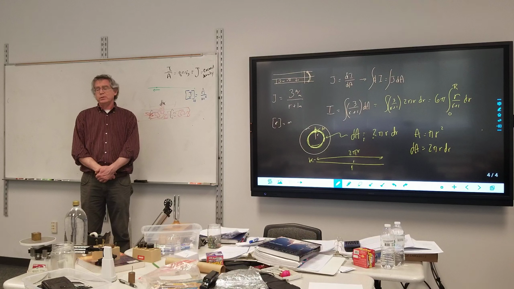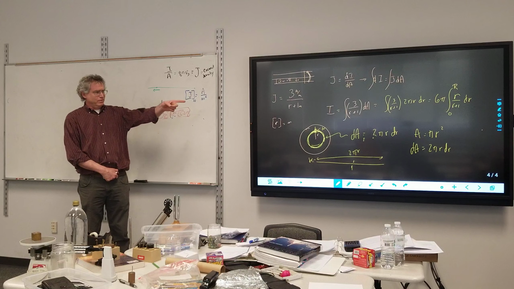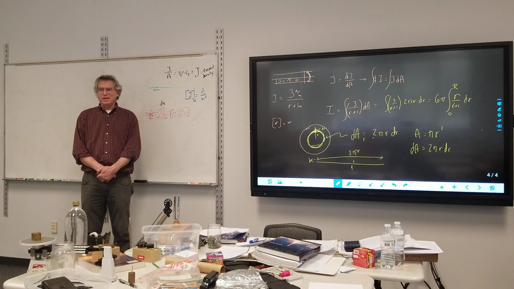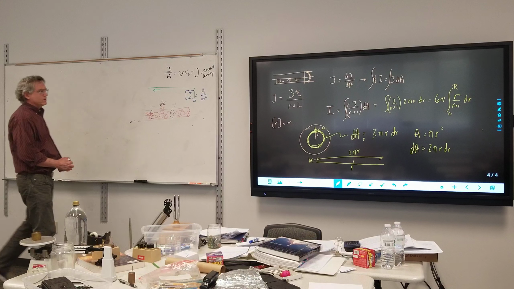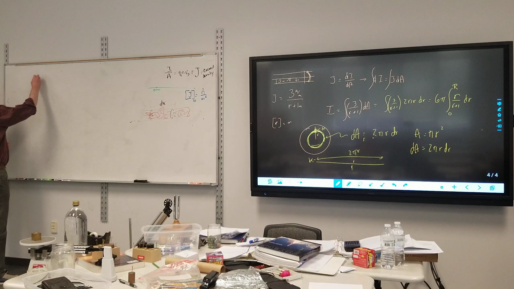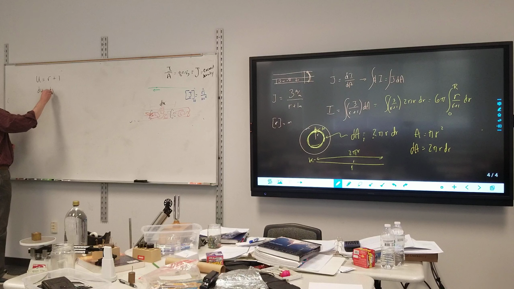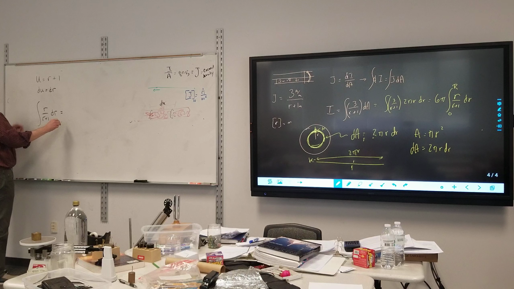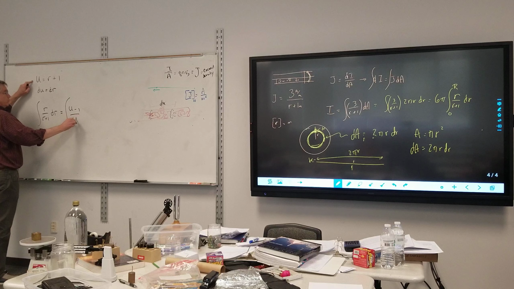What would you set u equal to? If you set u equal to r, then you basically end up with something that looks exactly like that, except it's a u instead of an r. R plus 1, I think that is a path to take. So if we let u equal r plus 1, then du equals dr. And so my integral of r over r plus 1 dr equals the integral of u minus 1 over u du.